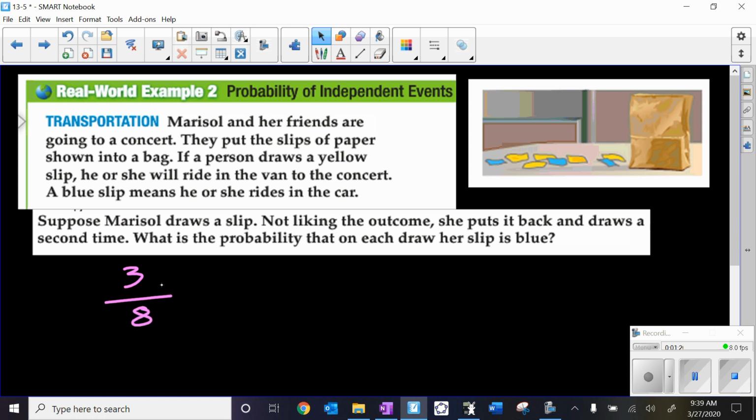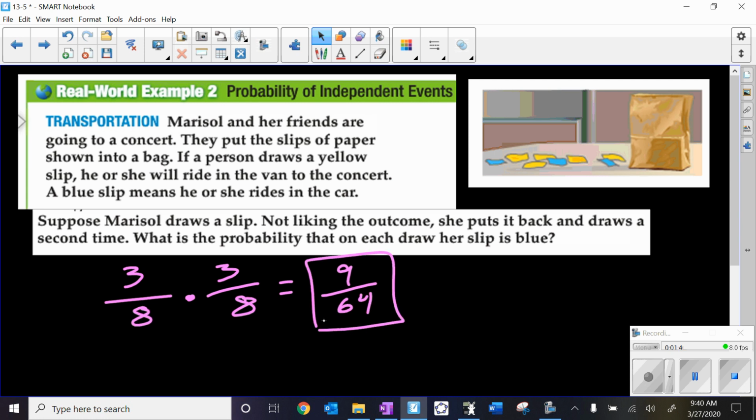And let's assume that I took out a blue one, but I put a blue one back, and I drew again. I would also have a 3 out of 8 chance of drawing a blue slip again. Multiply them together, you would get 9 over 64 as your probability.